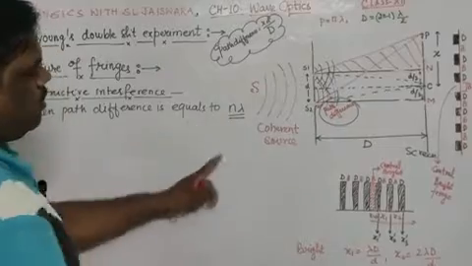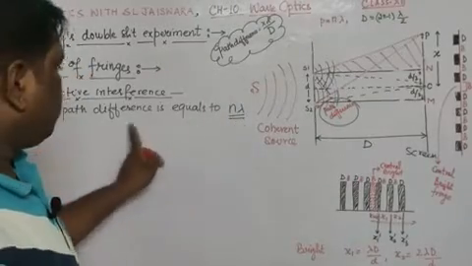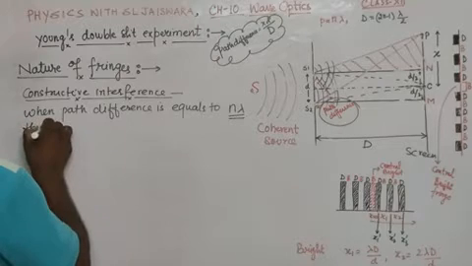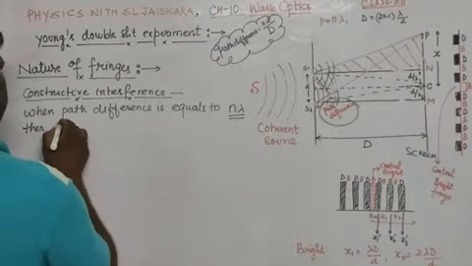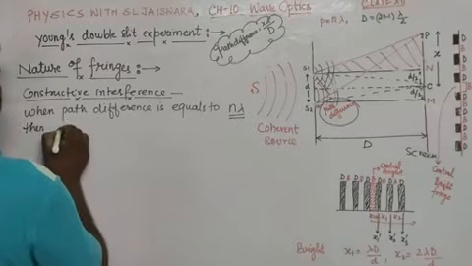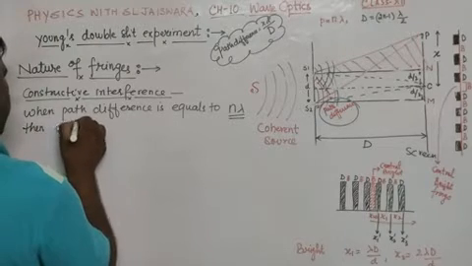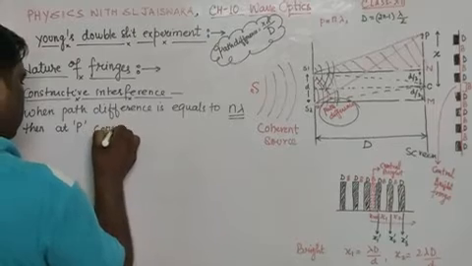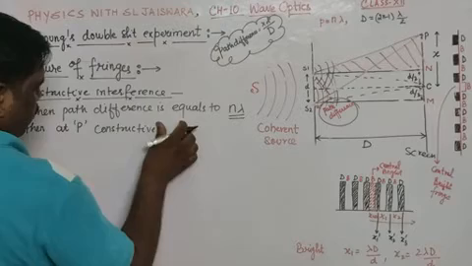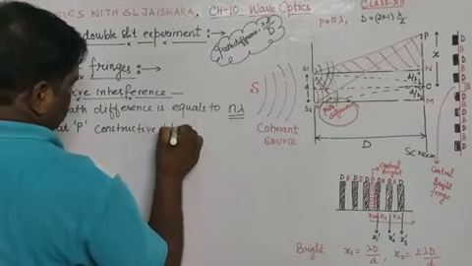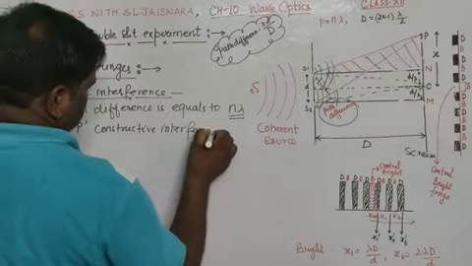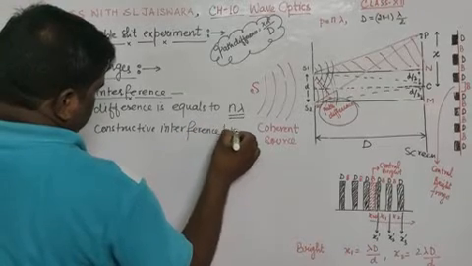This you are supposed to remember. When the path difference is equal to n lambda, then you may write at P constructive superposition, or you may write interference takes place.